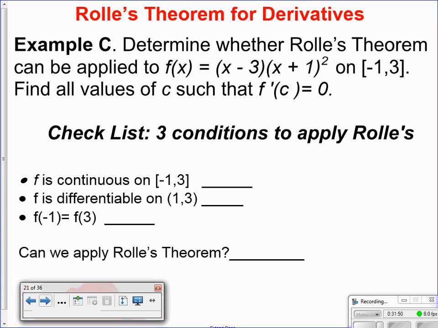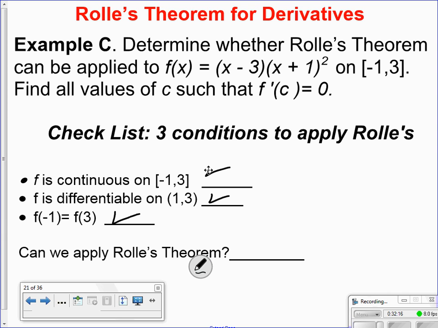I did want to check that the endpoints have the same y value. If you plug in -1, what does y equal? It's nice, it's factored, so you see it's going to be 0. And if you plug in 3, what do you get for y? 0. So the endpoints have the same y value.